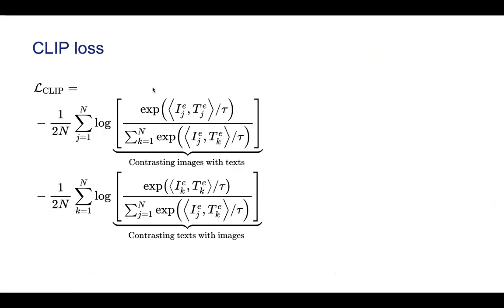And maybe we will just glance over the CLIP loss, because in the end, you will see we have one loss part for the images, where we contrast the images to the texts, and another part where we contrast the text to the images. And when you remember the formula from the beginning, this is the same thing, but over two modalities. Image to text has one term and the other way around has another term. This is the basic setup.